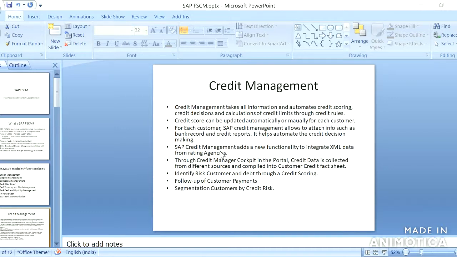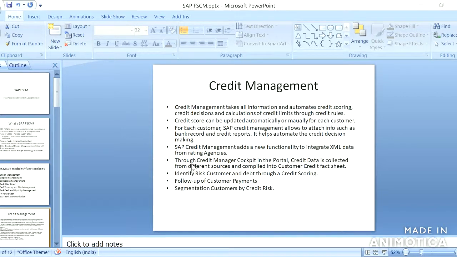Slowly the credit history will build up. So how? Based on our credit ratings. We will have a credit card and they will see how promptly we are paying the credits. Based on that, our credit history will build up. By checking that, even if we apply for any loans or any credits, this score is very much important.